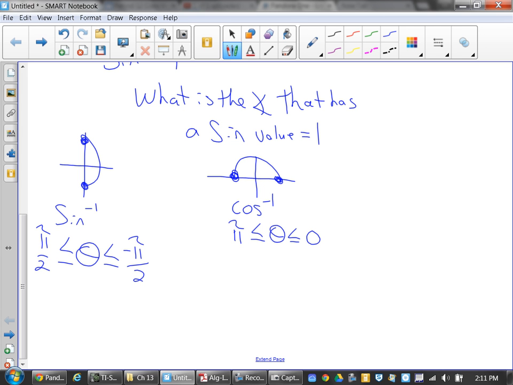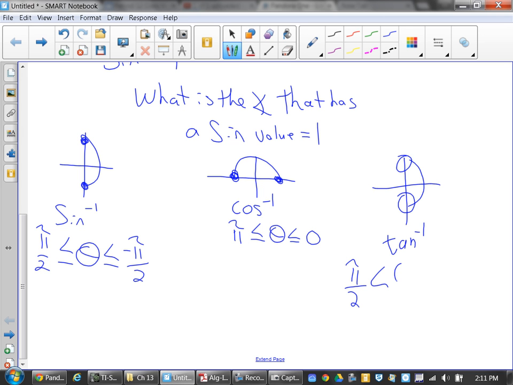That's 0 and 180 degrees. That's how those work. They're encompassing positive x values, negative x values. Tangents, lastly, the inverse tangents, don't include pi over 2 and negative pi over 2.